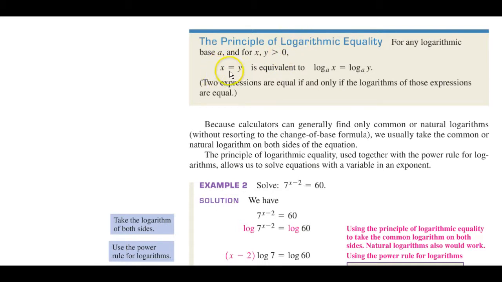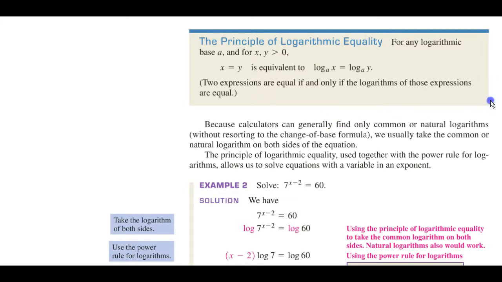We have that x equals y. And this, by the way, is equivalent to the log base a of x equals the log base a of y. All right? So let's look at this carefully.